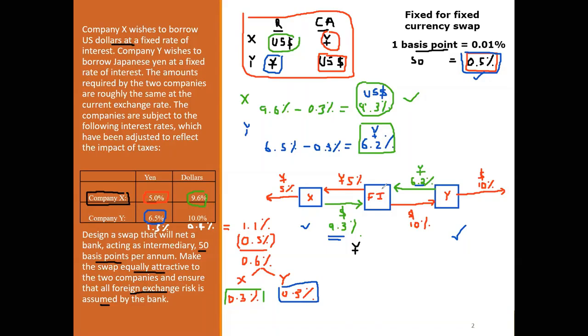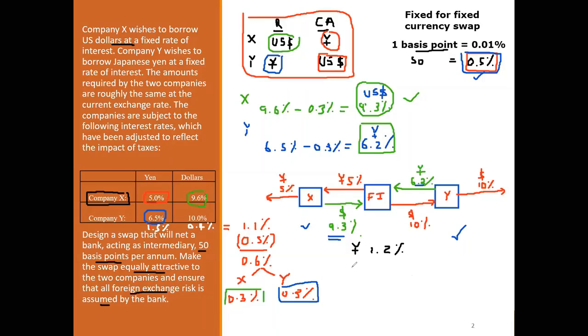It is receiving 6.2% from Y and it is paying 5% in yen to X. So what is the return in yen if you look at this flow? That would be 1.2%, right? In yen, the financial intermediary is getting a return of 1.2%.